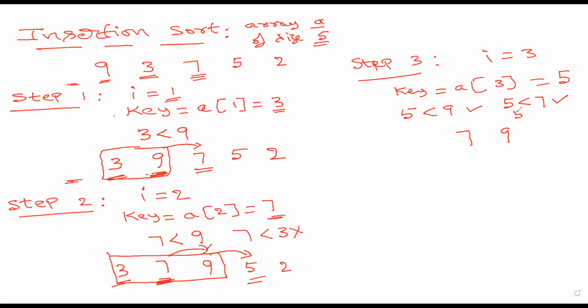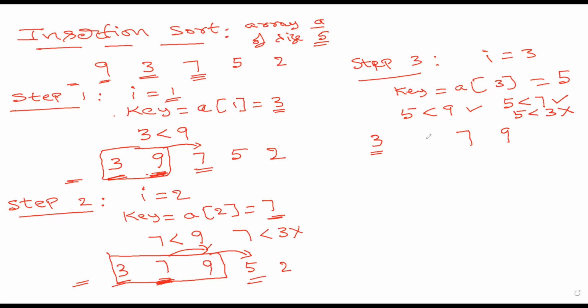So 5 we are comparing with 3. 5 is less than 3, fails. So there is no need to change the position of 3. So 3 is present at its position, the 0th position. Before 3, no element is present. So we have to stop our process.